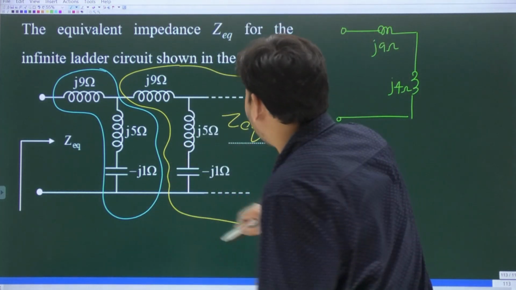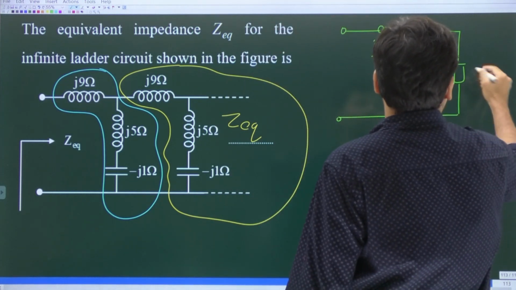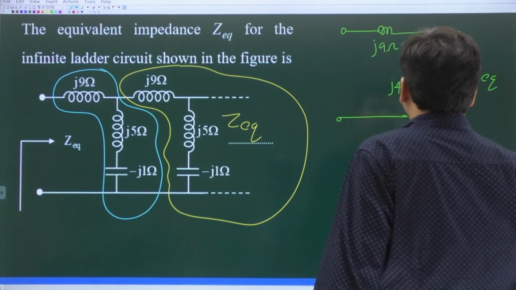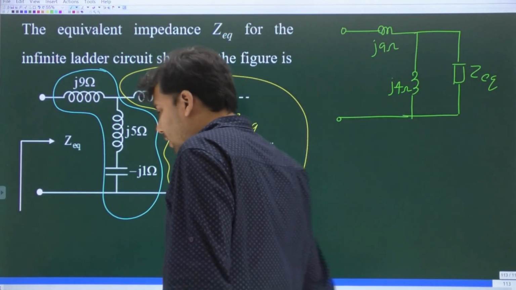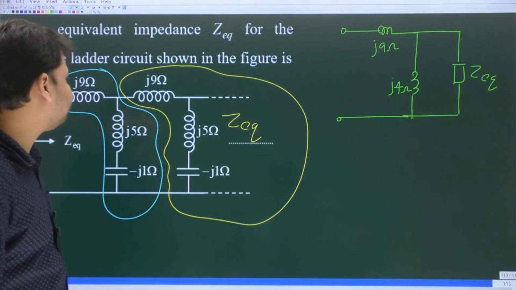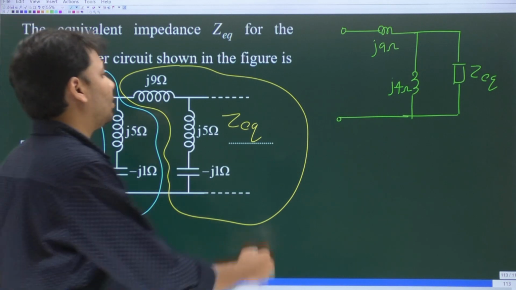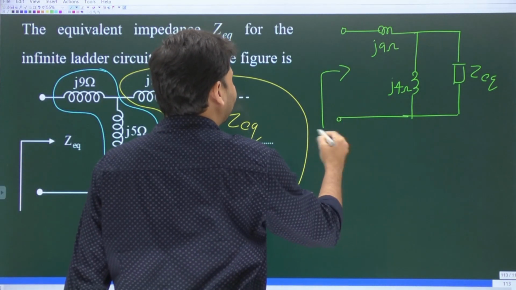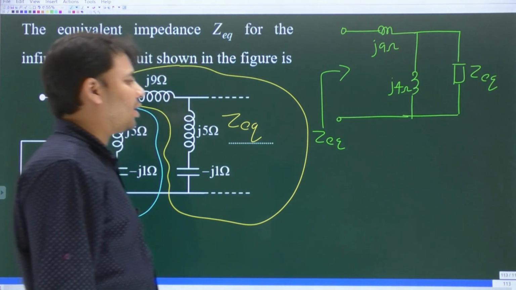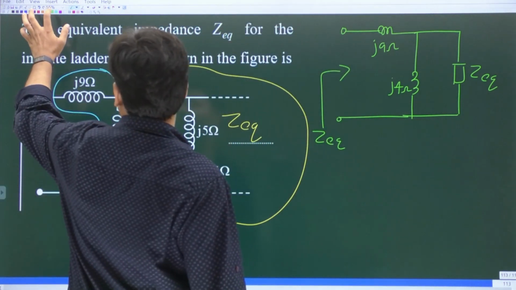Then this entire yellow color network is getting replaced with a single impedance, in fact it is an inductance, I'll explain why. A single impedance whose impedance is Z equivalent. Even now the equivalent impedance is still going to be Z equivalent.